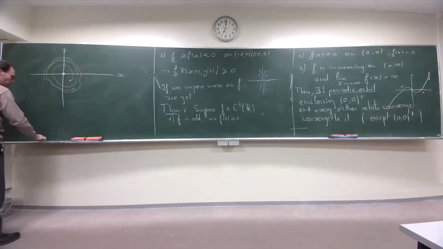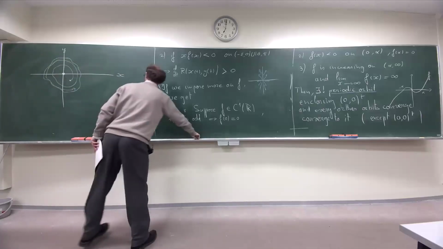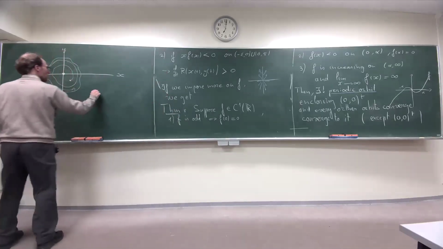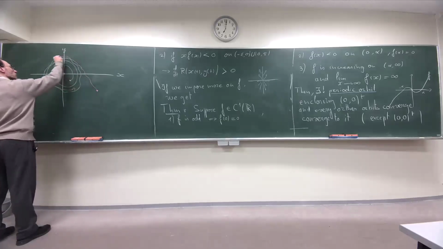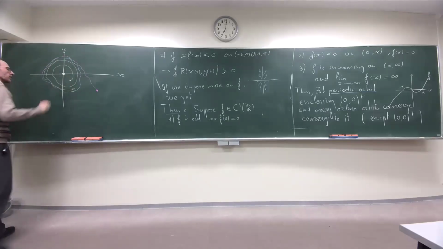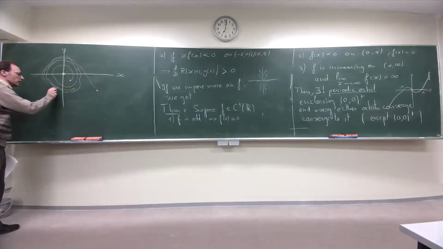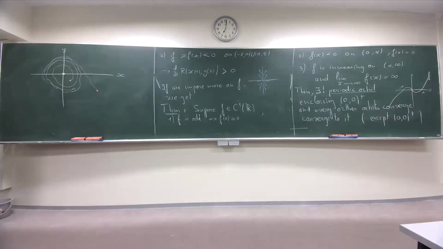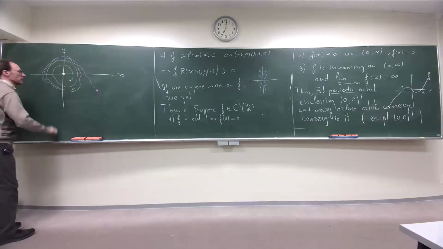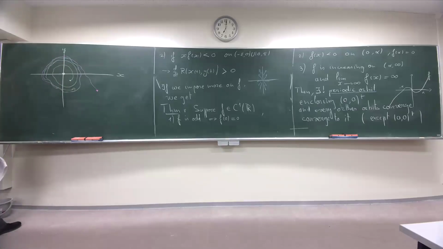And the same from outside. If you start with an initial condition outside, you will just converge to it. That's what happens for this system. This is a periodic one, there is only one. All the other orbits will either converge from inside or from outside.